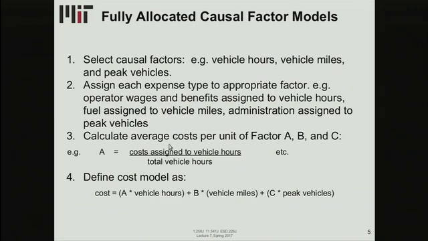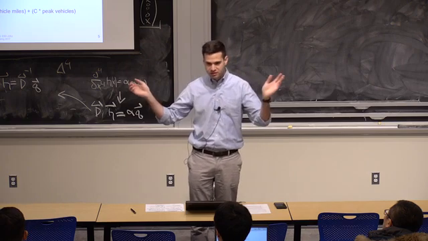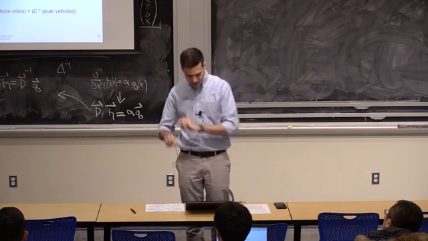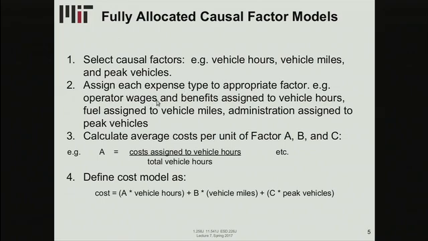Then you assign each expense type to each of the factors. So for example, operator wages and benefits. Where would that go? If you were thinking of 3 kinds of explanatory variables, vehicle hours being one, vehicle miles being the second, and peak vehicles being the third, and you're going to assign every cost you incur to one of those 3, then operator wages and benefits are more appropriately assigned to vehicle hours, right?